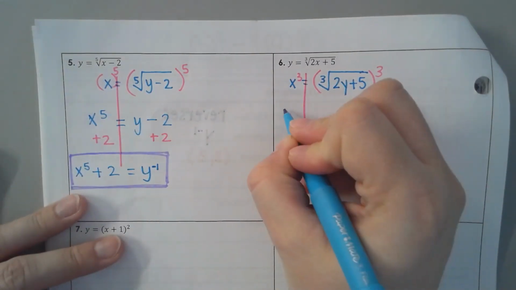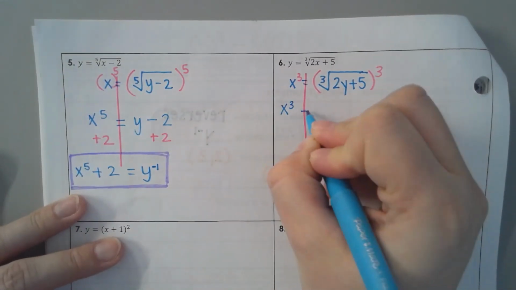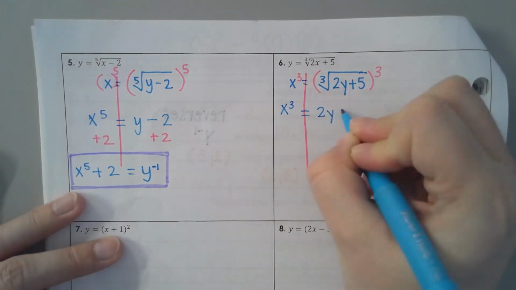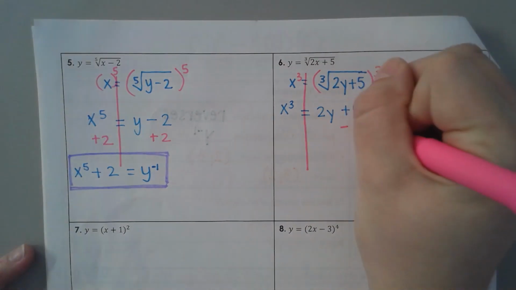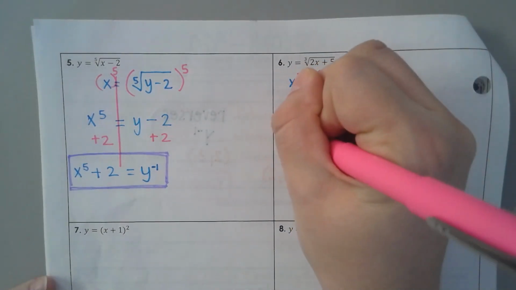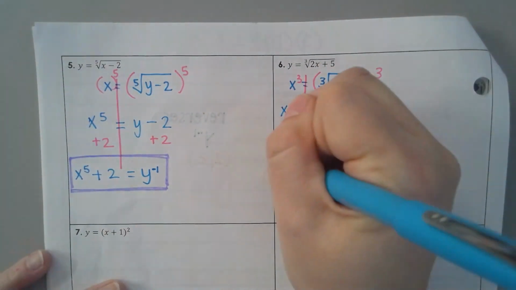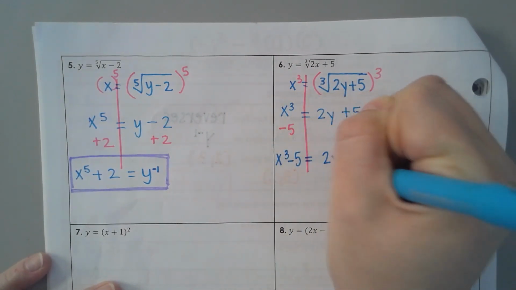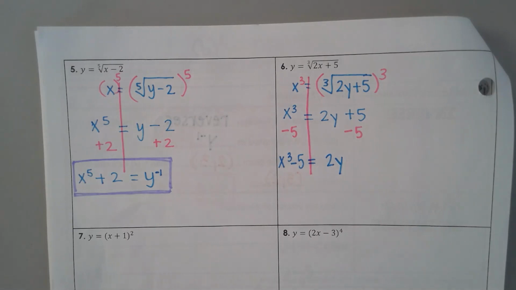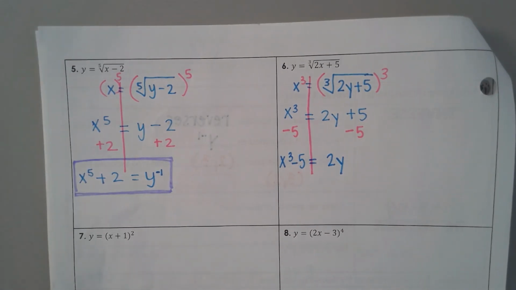It's x to the 3rd equals 2y plus 5. Then we subtract 5. And we get x cubed minus 5 equals 2y.